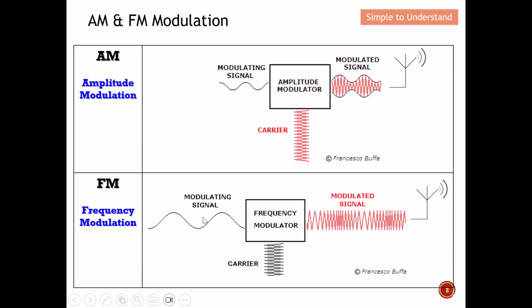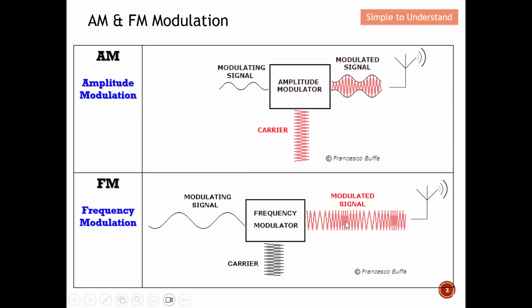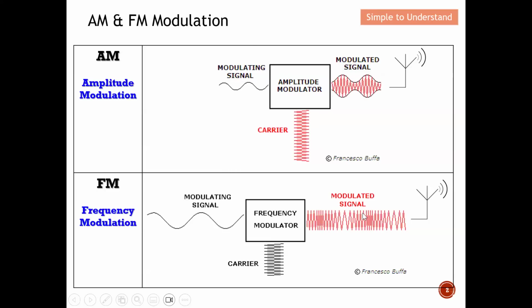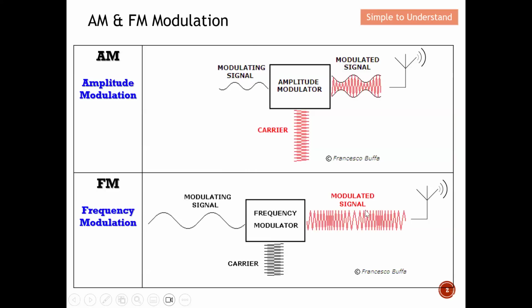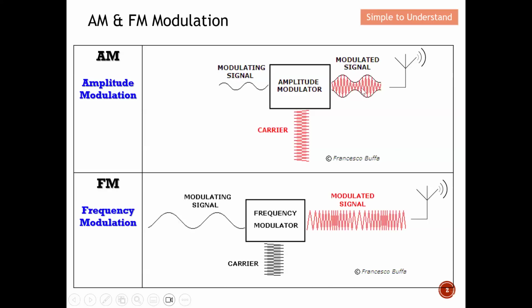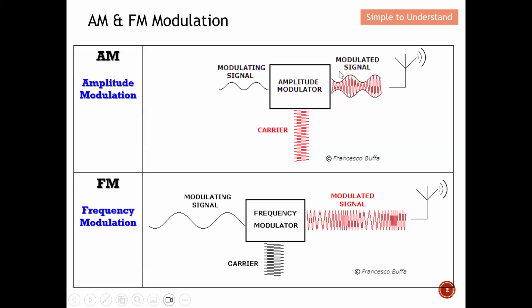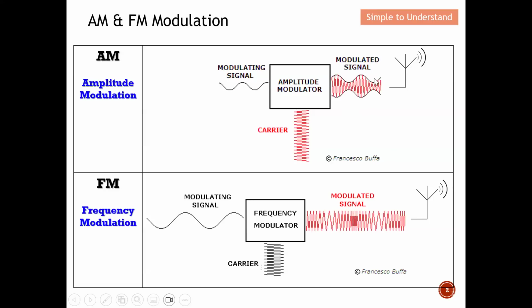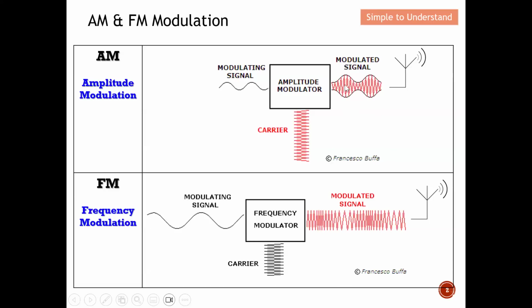The lower the amplitude of the modulating signal, the lower the frequency of the modulated signal. So from here, you can see that the information appears in the frequency for frequency modulation. As for amplitude modulation, the information appears in the amplitude of the modulated signal.